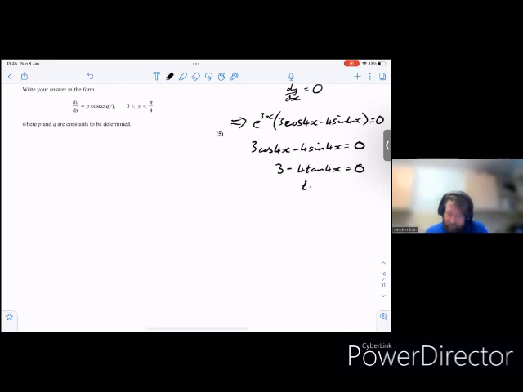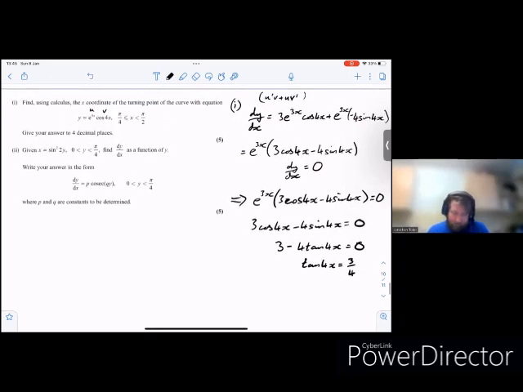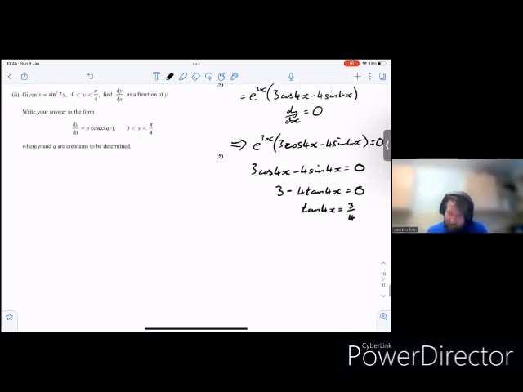So tan 4x equals 3/4. It wants the answer to 4 decimal places.